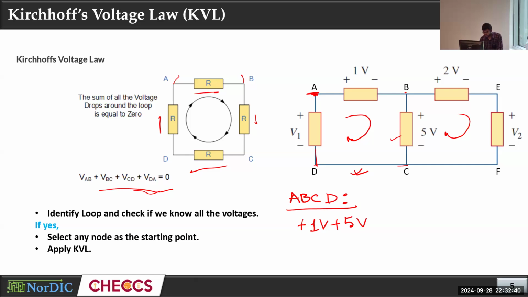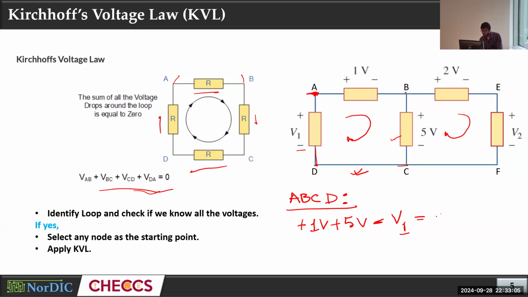Then we go to D and see what? Negative or positive? It's negative. We first see negative, so it will be minus, and the voltage of this element is V1. Then we are again at point A, where we started, so we have completed the loop.